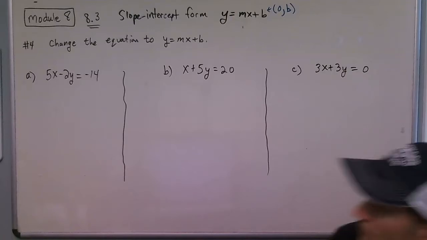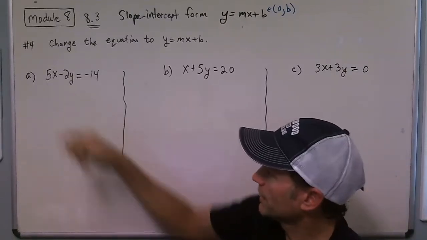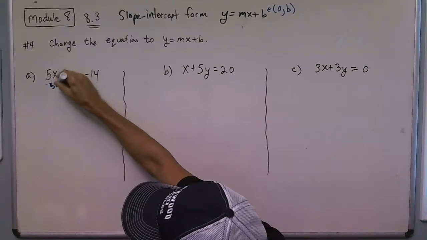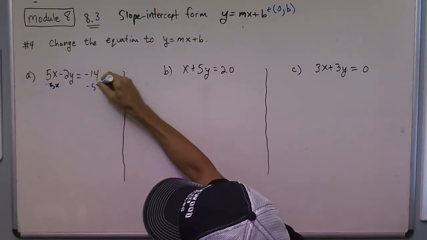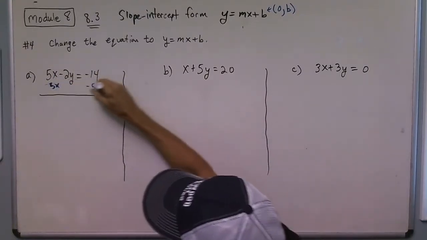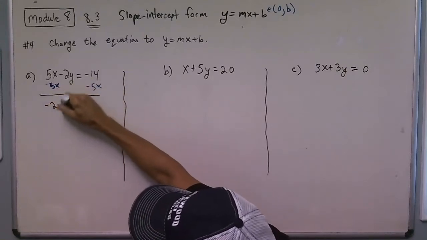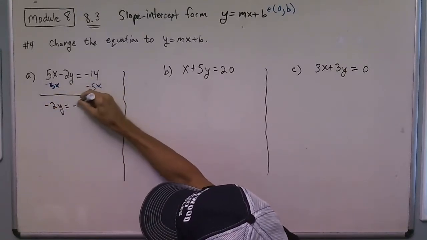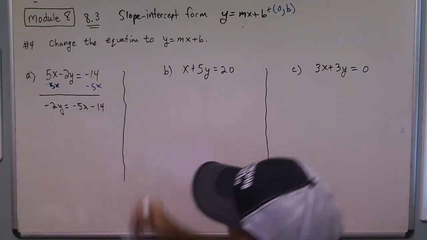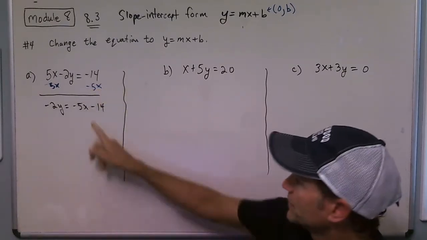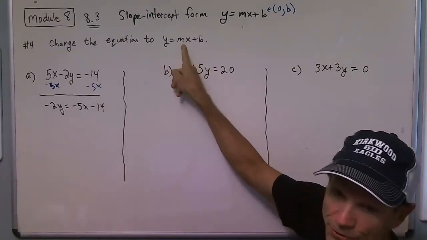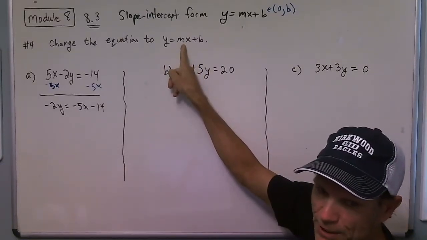Okay, so we know we have to get this y isolated, so I'm going to get this 5x term off by subtracting 5x. Okay, and then what I get is negative 2y equals negative 5x minus 14. And I always remind students it's a good idea to just get your negative 5x up front here, because we know we need our x term right after the equal sign.